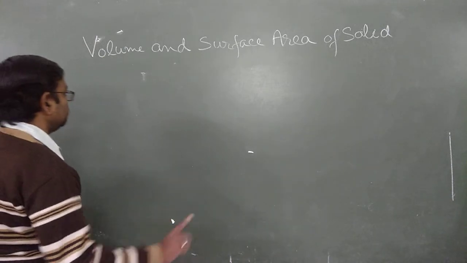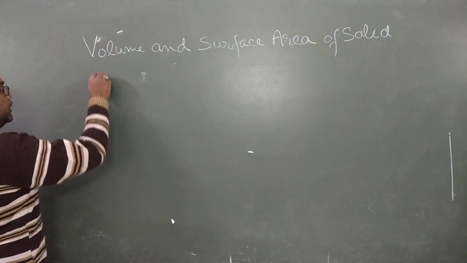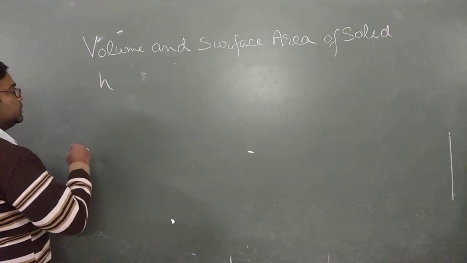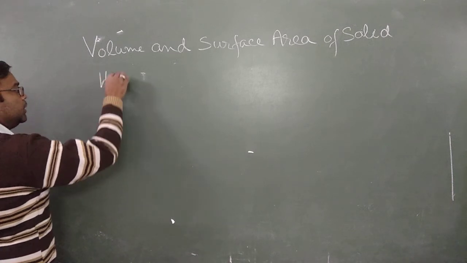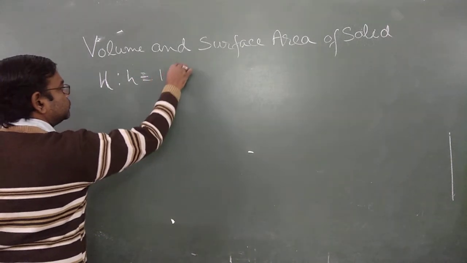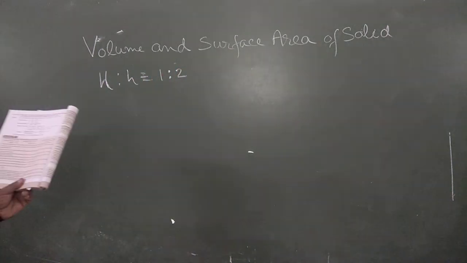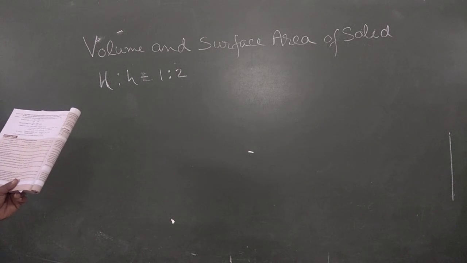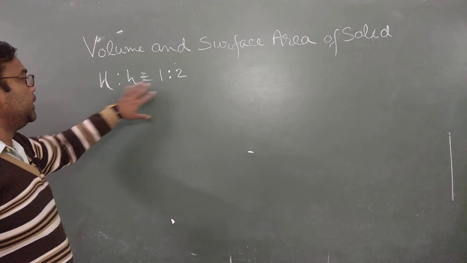Listen, there are two cylinders having the same volume, and the ratio of their heights, if one is small h, the other is capital H, is 1:2. Hope this thing is clear to you. Ratio of their heights equals 1:2.